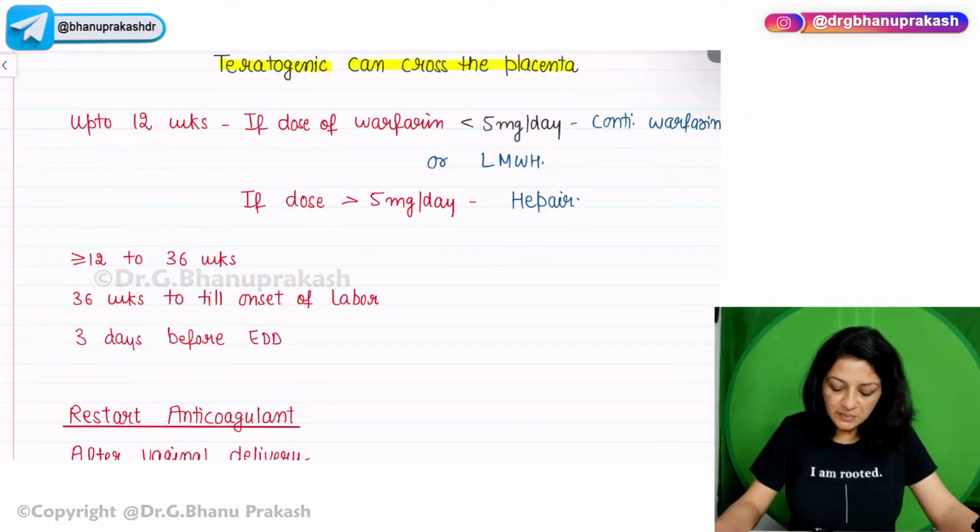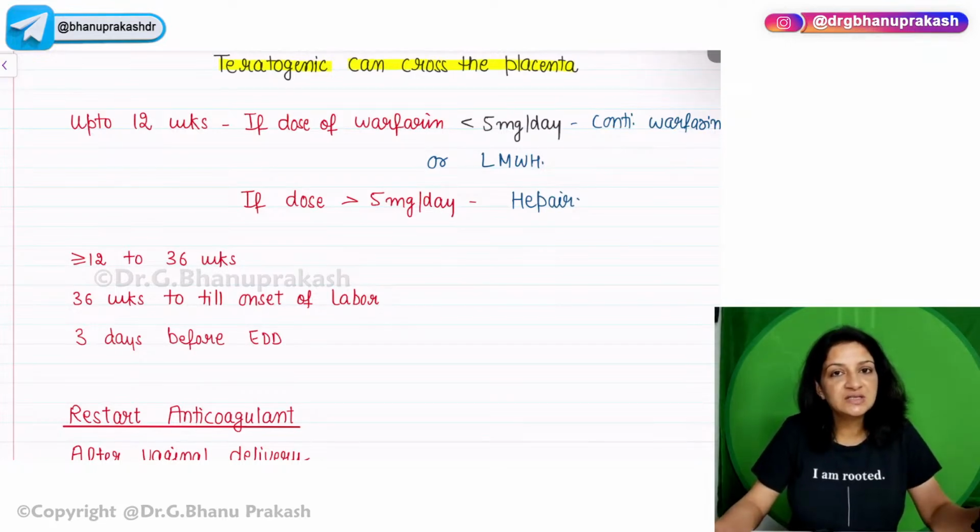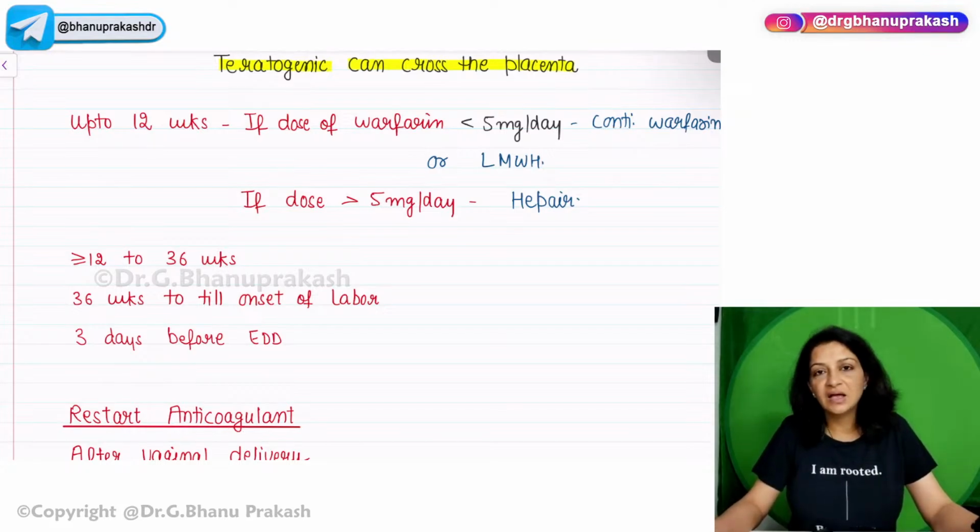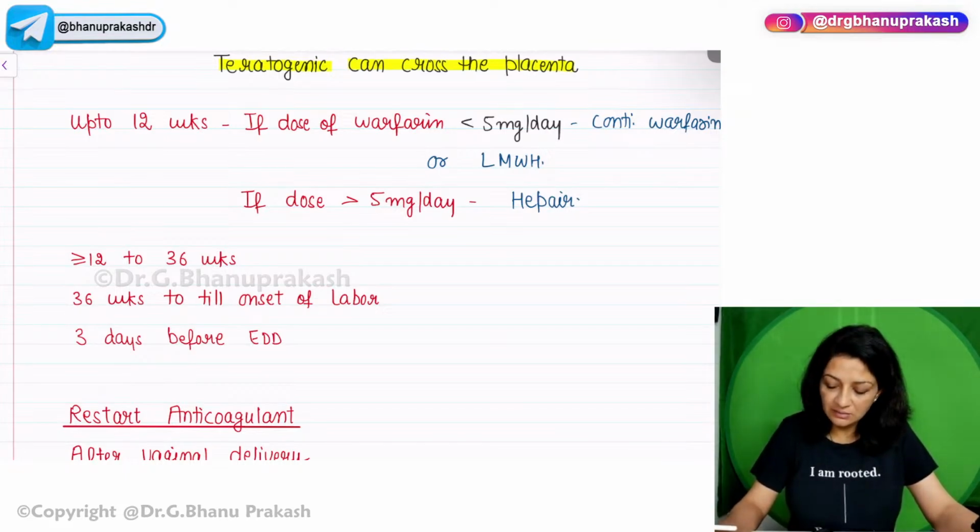Up till 12 weeks I have told you. If the patient is already taking warfarin less than 5 milligrams per day, either we continue warfarin or switch over to low molecular weight heparin. If the dose is more than 5 milligrams per day, we stop warfarin and start heparin.